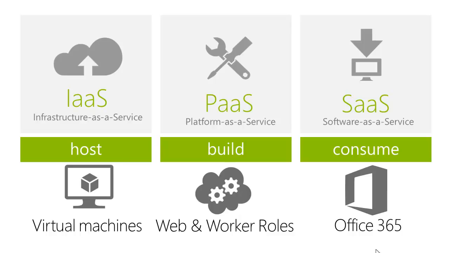And the third one, the best example of software as a service, I can say is your Dropbox or your OneDrive, or the better example is Office 365, which is an online office from Microsoft. That is nothing but software which is hosted on the cloud, and you can just consume that.